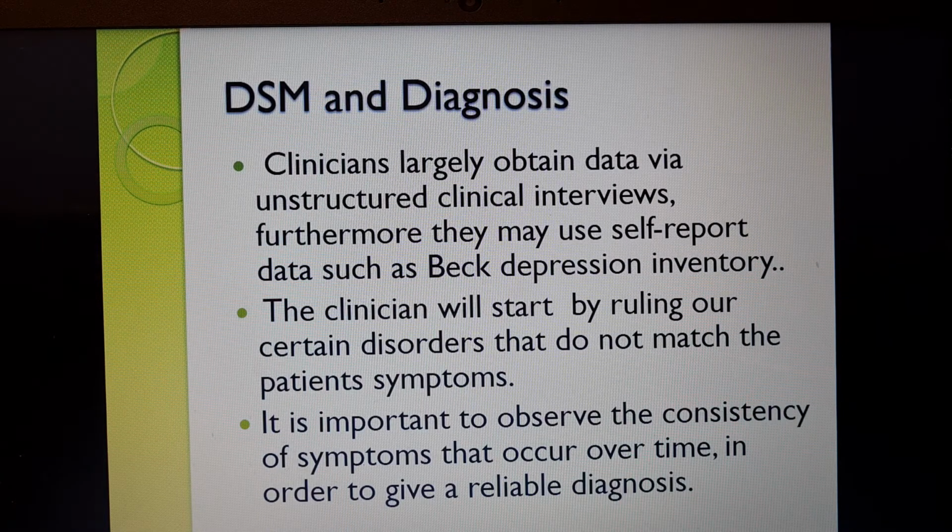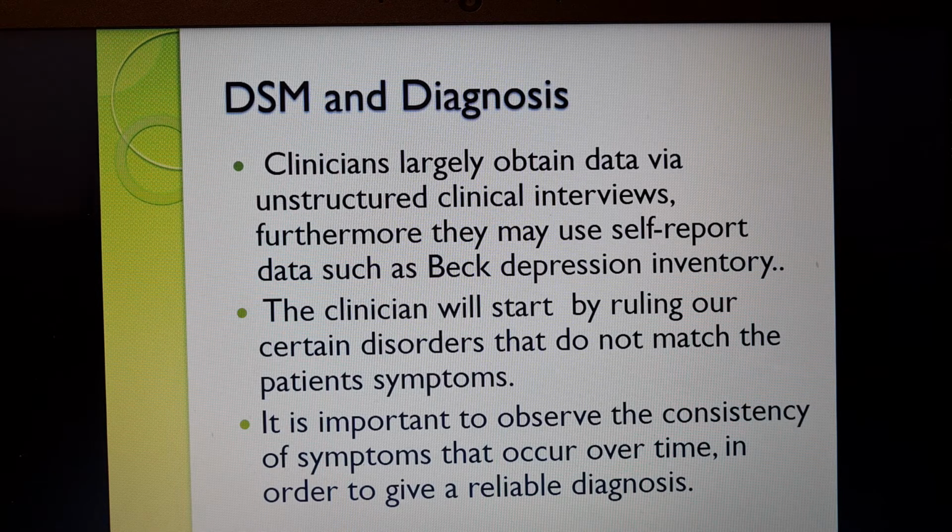The DSM, so clinicians largely gain the data via unstructured interviews, and they may use self-report methods such as a questionnaire called the Beck Depression Inventory. And clinicians will start by ruling out certain disorders that do not match the symptoms.